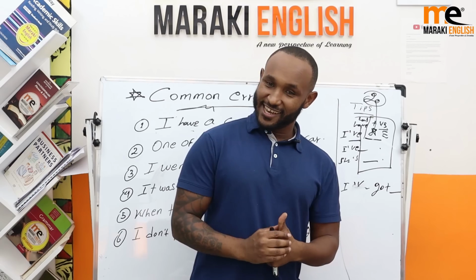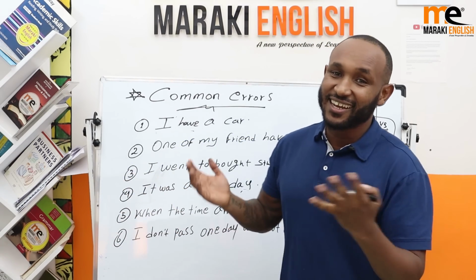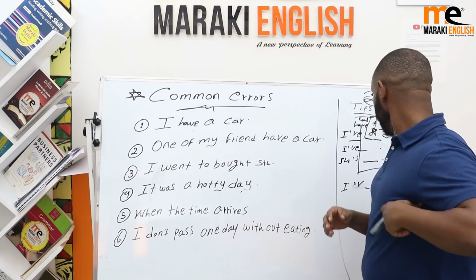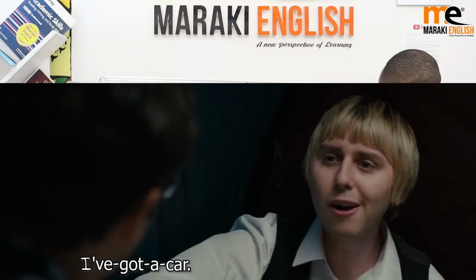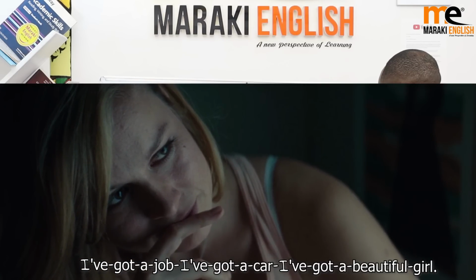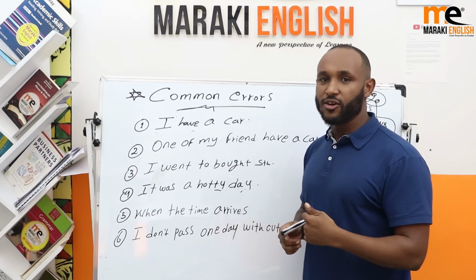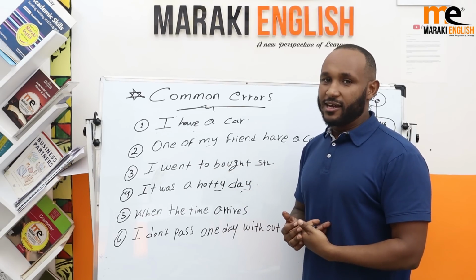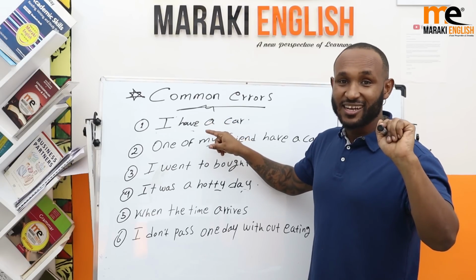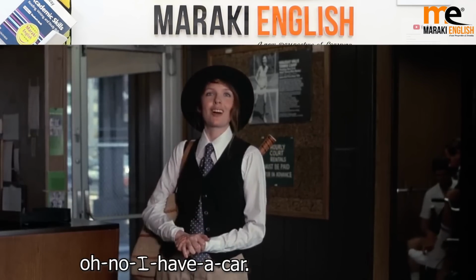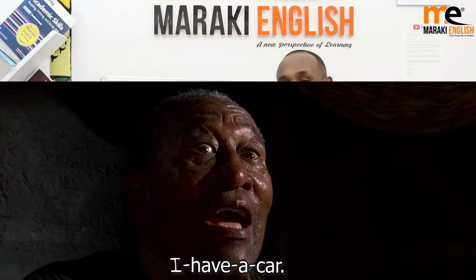I've got a plan. I've got a job, I've got a car, I've got a beautiful girl. I've this, I've that. No, I've children. Never. I have children, okay? So that's the first mistake. Don't make this kind of mistake again. I have a car.